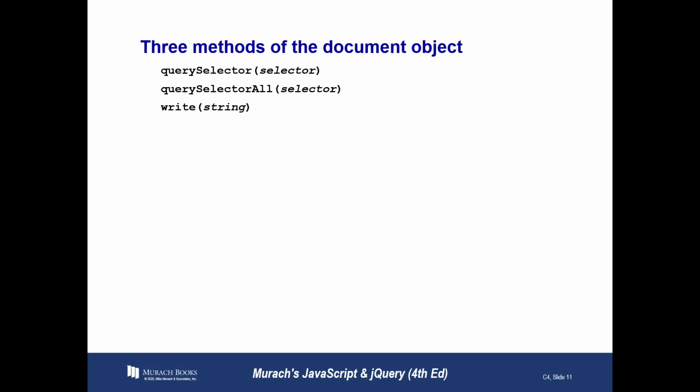Now, these are new. The first two are new. If you do a querySelector, and again, I'm going back because by the time you've watched these videos, you will have hopefully taken the HTML, CSS portion of the class.